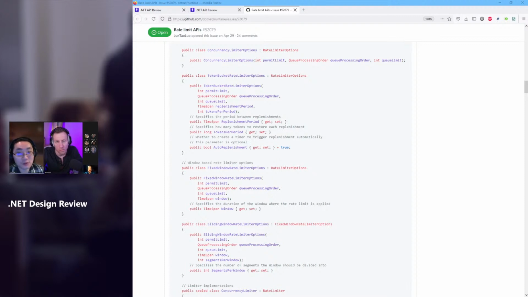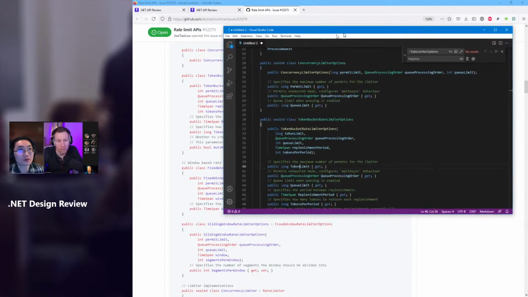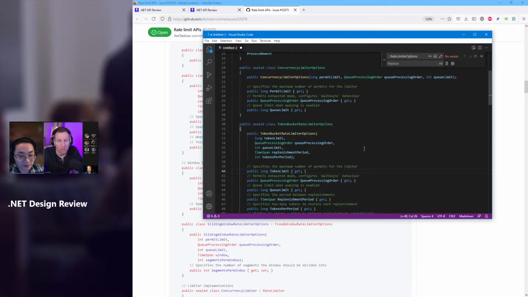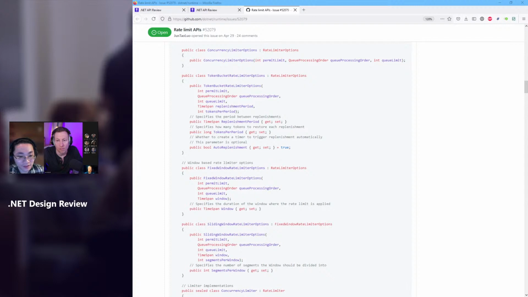There is no base type. There won't be a base class. There will no longer be rate limiter options, and those three values are going to be renamed appropriately for each options class. Okay, I missed that part. I was gone at the beginning. Okay, that satisfies me then. It's all token. Yeah. Similar concepts, but different names.